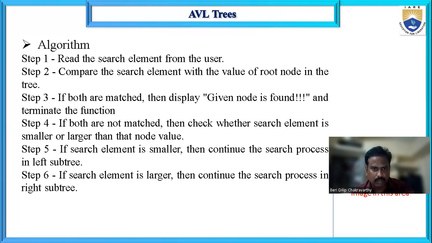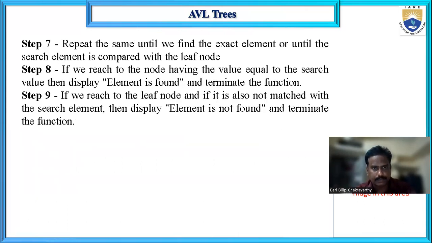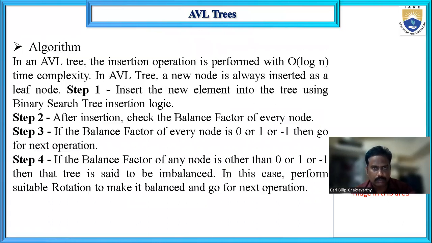If search element is smaller, then continue the search process in the left subtree. If the search element is larger, then continue the process in the right subtree. Now we repeat the same procedure until I find the element. If I find the element, I'll make it successful, otherwise I'll say element is not found.